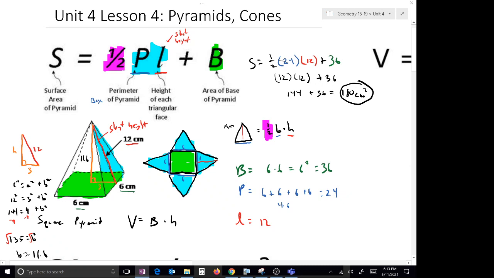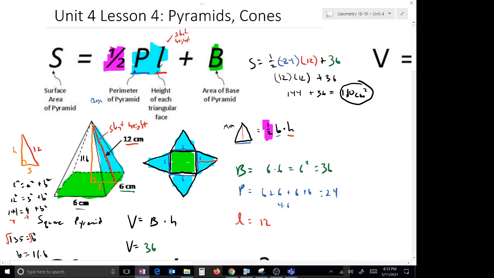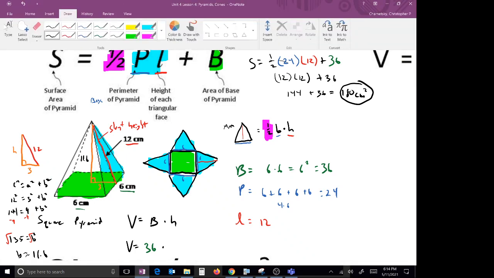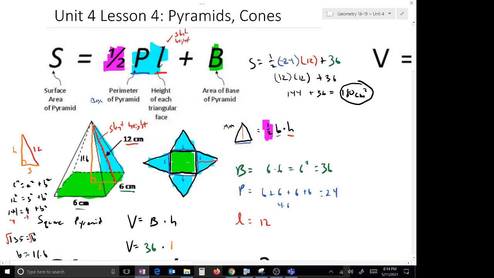So now we've got all the parts. So volume is going to be equal to the area of the base, which is 36. I'm going to go ahead and color code this. 36 times our height, which was 11.6.